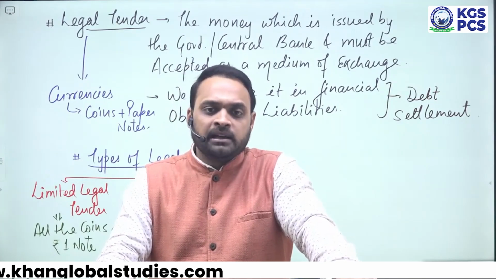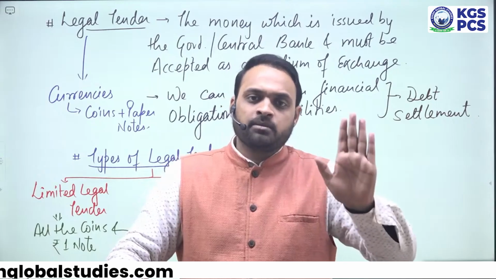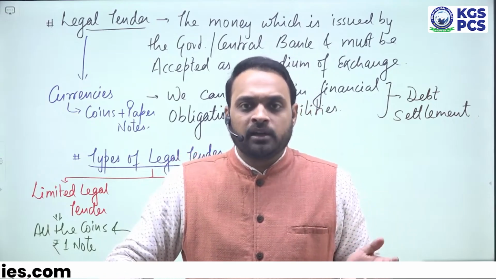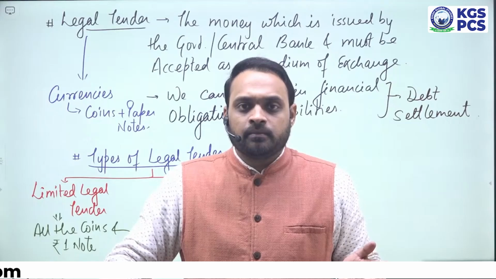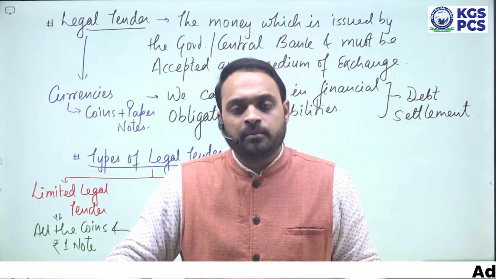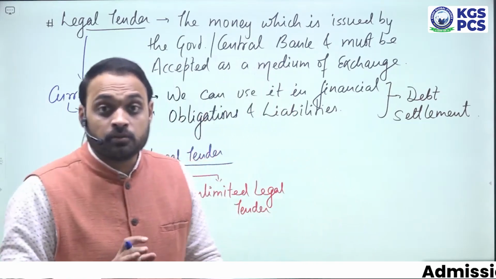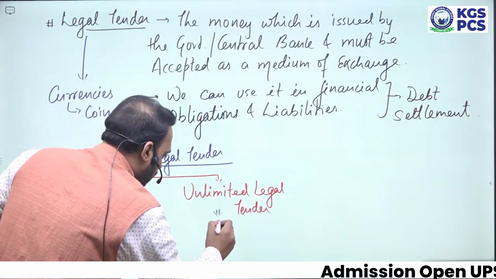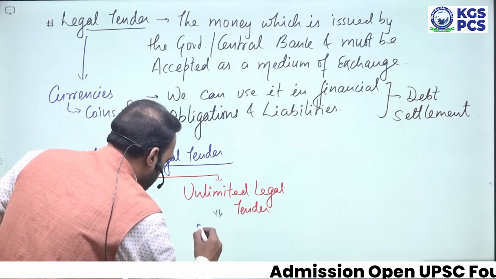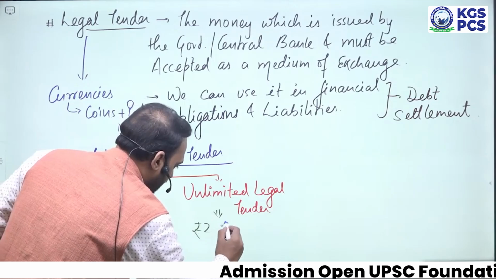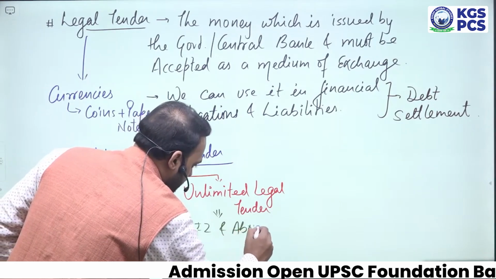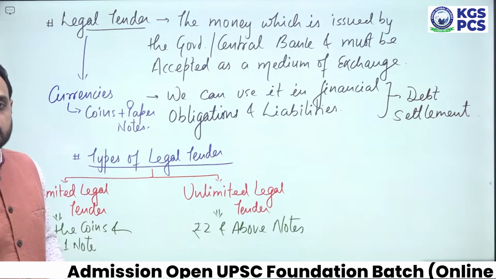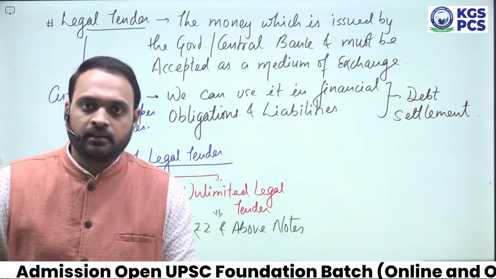And what is unlimited legal tender? When there is no maximum limit fixed by the government to accept it, that is called unlimited legal tender. Listen: all other notes, rupees 2 and above notes, are considered as unlimited legal tender.